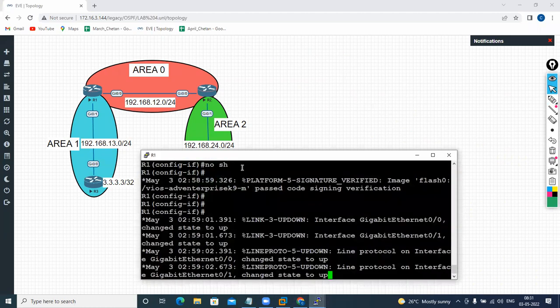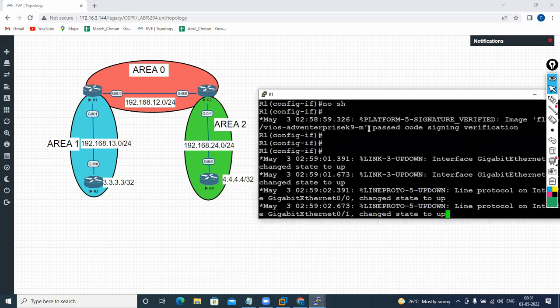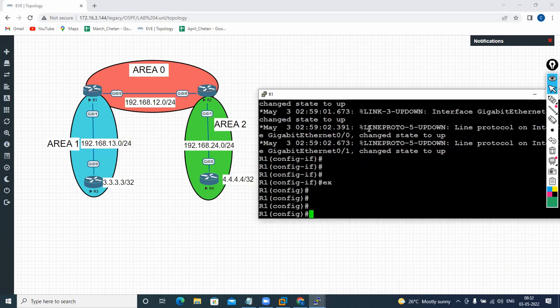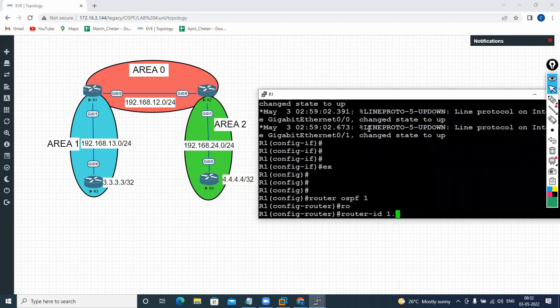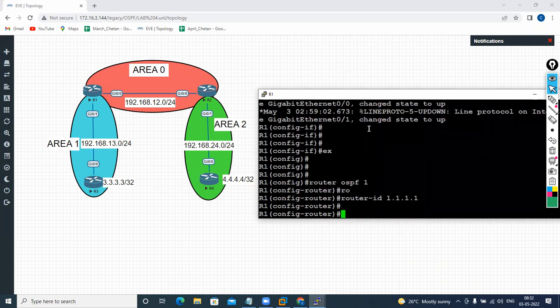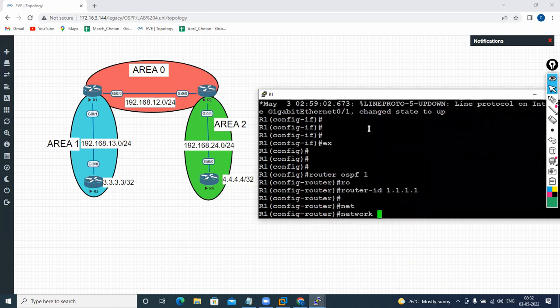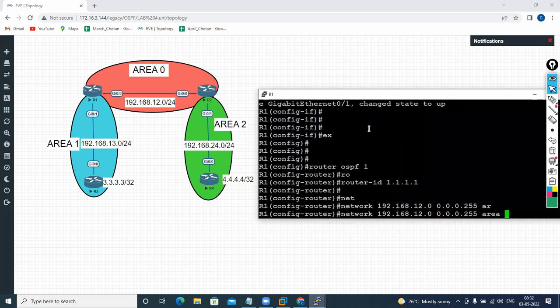So let's go to R1 and enable OSPF. Router OSPF 1. Router ID will be 1.1.1.1. Network: you need to advertise directly connected networks. So we have 192.168.12.0, wildcard mask, and area 0.